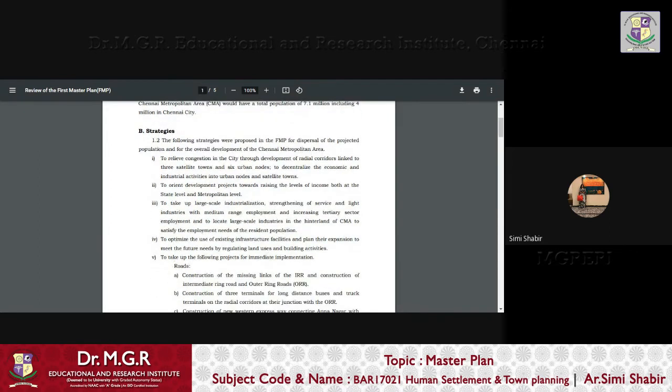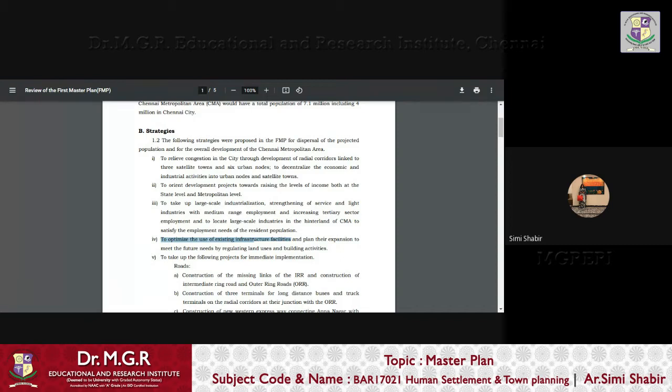Then to optimize the use of existing infrastructure facilities. Now, this is something that we see over a period of time. There were a lot of infrastructure facilities that are already planned, currently planned, and planned for the future, but some of them lose their importance and become a state level or a national level waste, a burden.